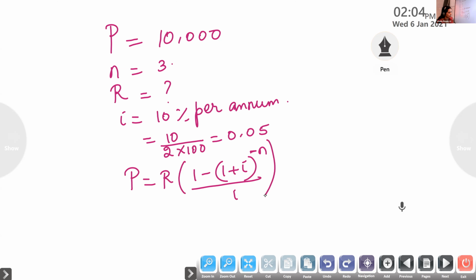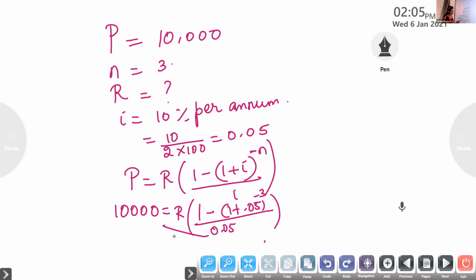Apply the values: P is 10,000, which is equal to R into 1 minus 1.05 whole raised to minus 3, by 0.05.